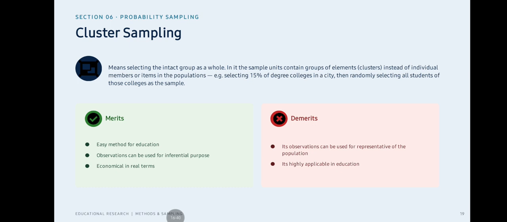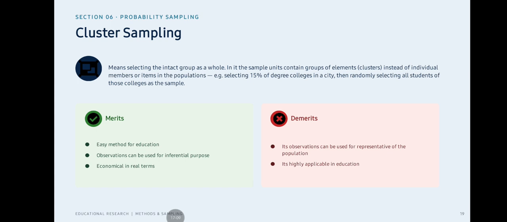We will go through cluster sampling. It means selecting the intact group as a whole. In it, the sample units contain groups of elements, that is clusters, instead of individual members or items in the populations. Example, selecting 15% of degree colleges in a city, then randomly selecting all students of those colleges as the sample.